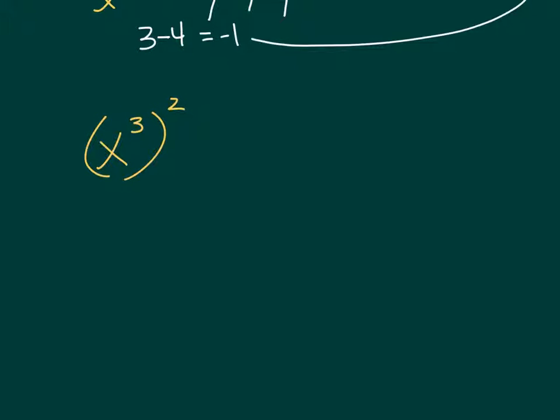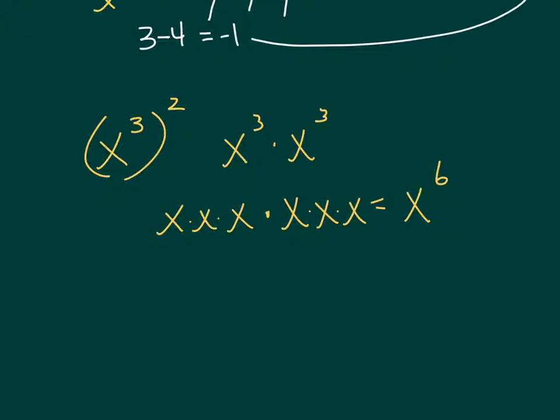Okay, so here in this problem we're doing the base raised to an additional exponent. So we have x cubed squared. So x cubed squared is just x cubed times x cubed. And then we know that x cubed is x times x times x, so x times x times x times x times x times x, which is just x to the sixth.